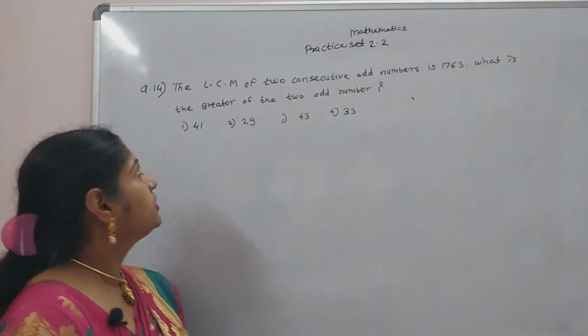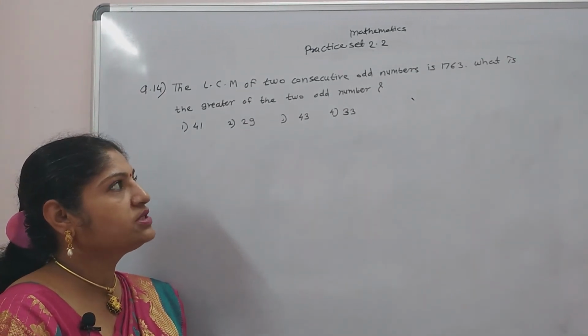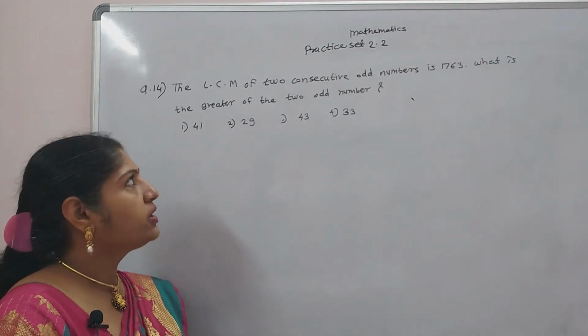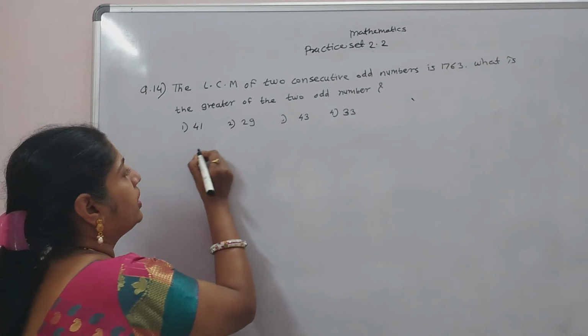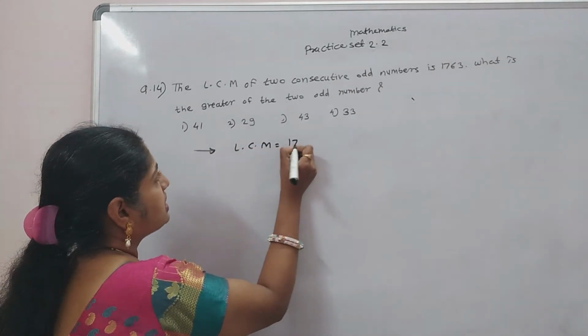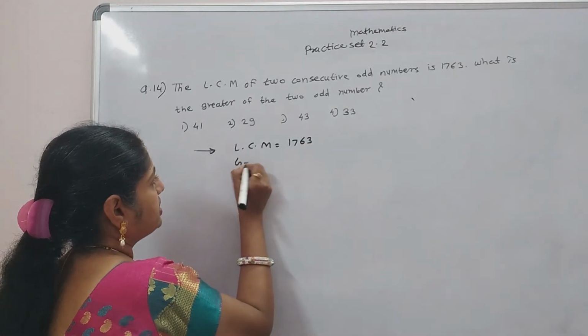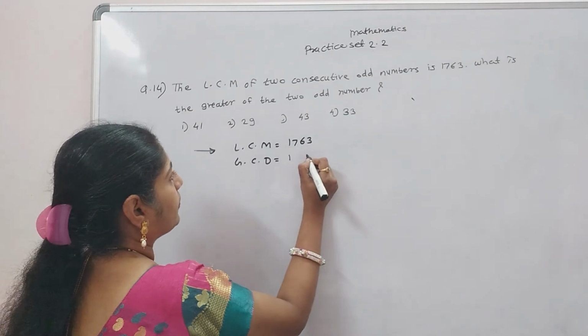Now the next question: the LCM of two consecutive odd numbers is 1763. What is the greater number of the two odd numbers? Given LCM is equal to 1763 and GCD equal to 1.